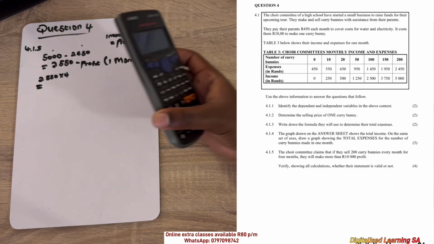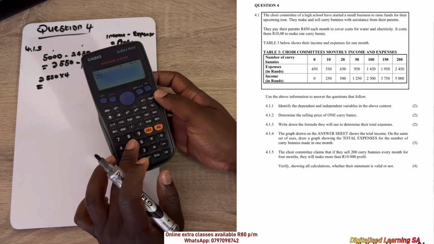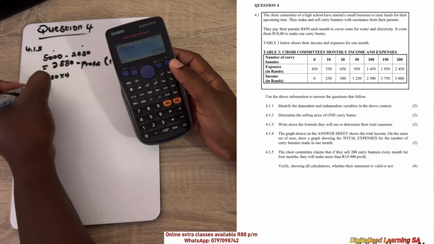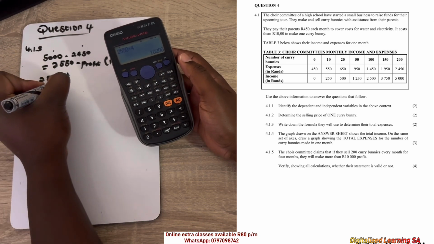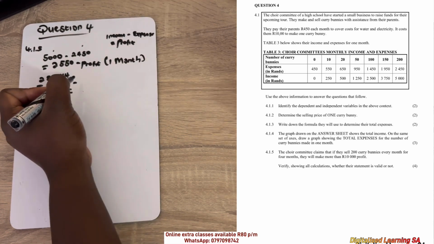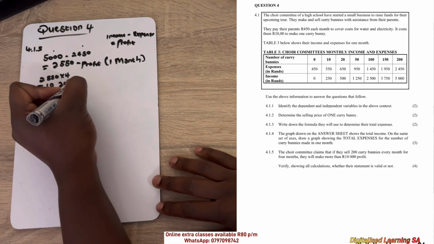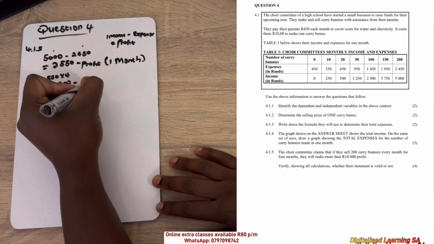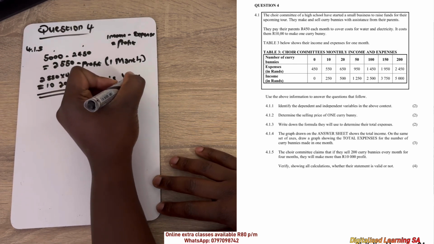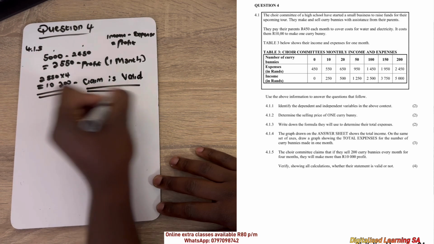After 4 months, they will have 10,200 profit. So we can see that their claim is valid. What they said is true.